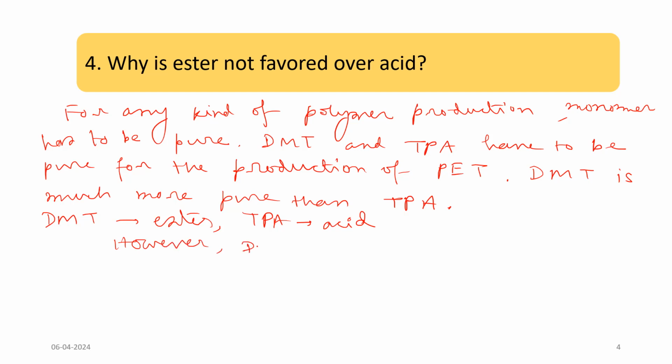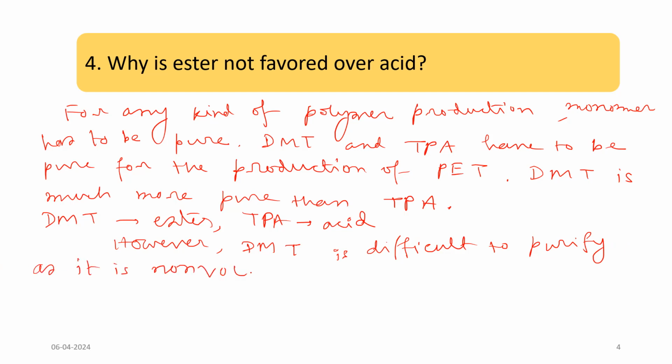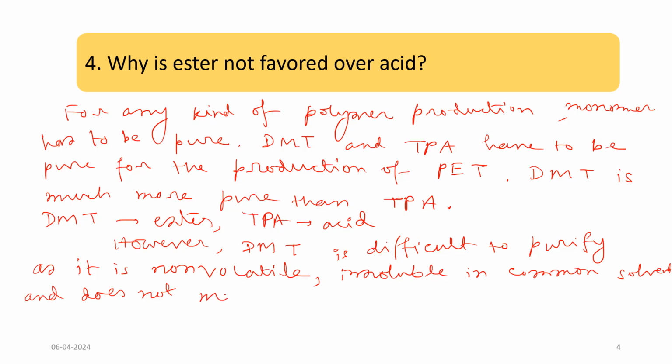However, DMT is difficult to purify as it is non-volatile, insoluble in common solvents like acetic acid or ethanol, any kinds of solvents, and does not melt.